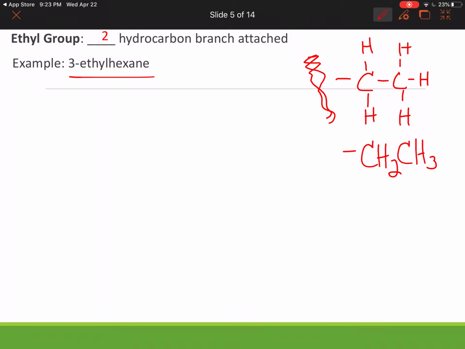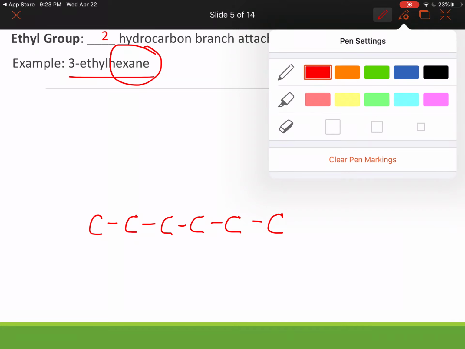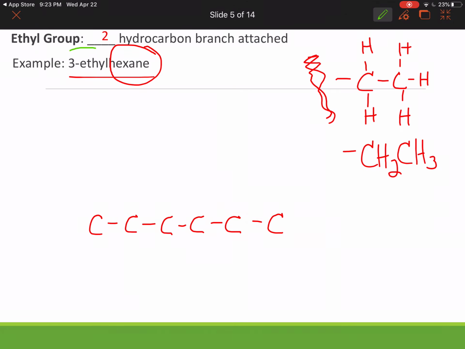Okay, let's look at this example, 3-ethylhexane. We are going to take that hexane. We need to draw that first. Hex stands for 1, 2, 3, 4, 5, 6. All right, so hexane is 6 carbons. Next, we're going to look at the ethyl part.